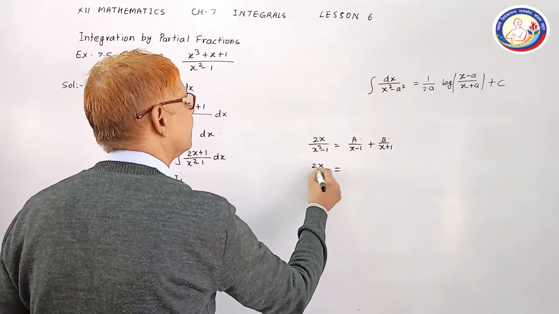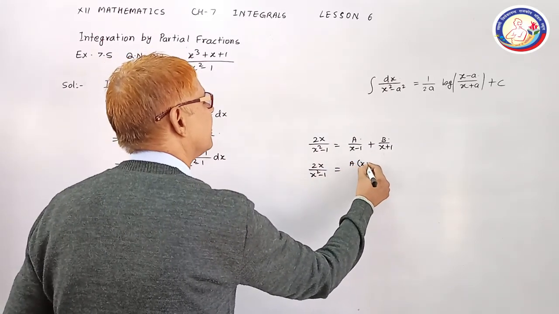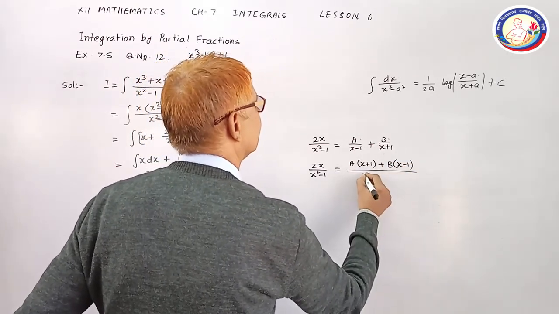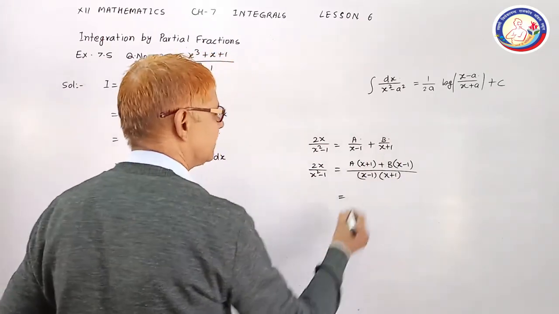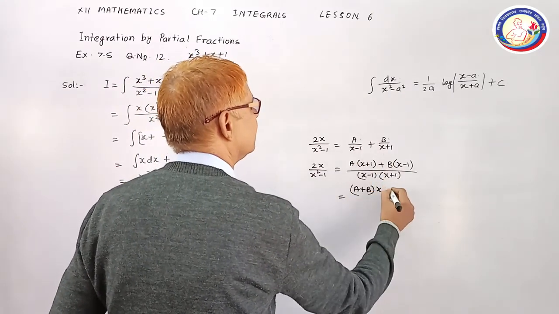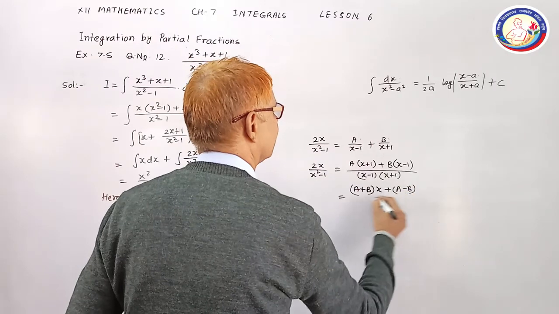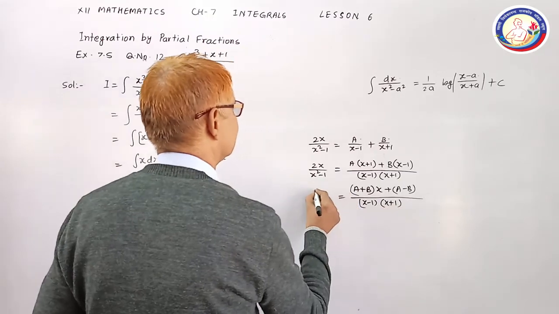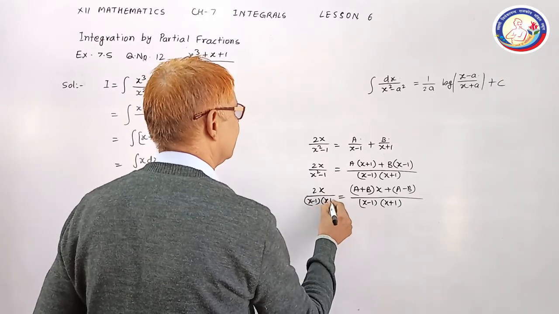Simplify this. a into x plus 1, b into x minus 1, over x minus 1 into x plus 1. And for further simplification, the coefficient of x will be a plus b, and the remaining constant will be a into 1, that is a, and minus b, upon x minus 1 into x plus 1.